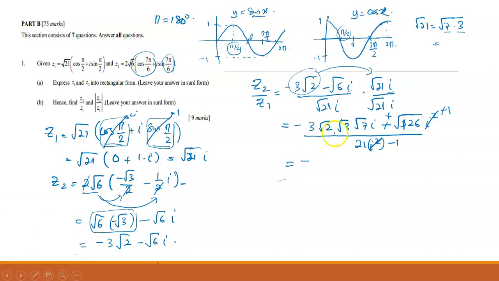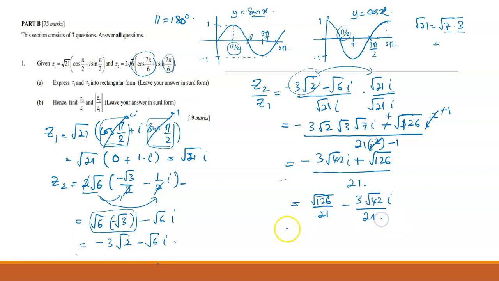So for this one, I'm going to give you my own answer, which is 3 times square root of 42 minus square root of 126, negative with negative is positive here, and we have i, and divide by 21. So class, this is in the form of square root of 126 divided by 21 minus 3 square root of 42 i divided by 21.